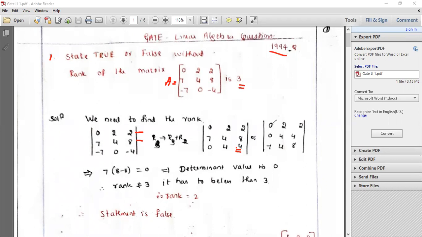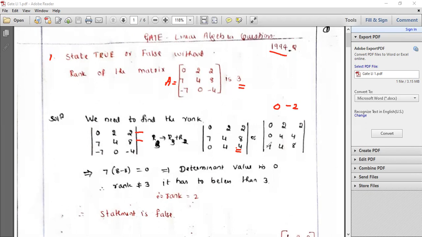Here 0 into anything will be 0, then minus 2 into this will be minus 28 in fact, and here 2 into this again will be 0.